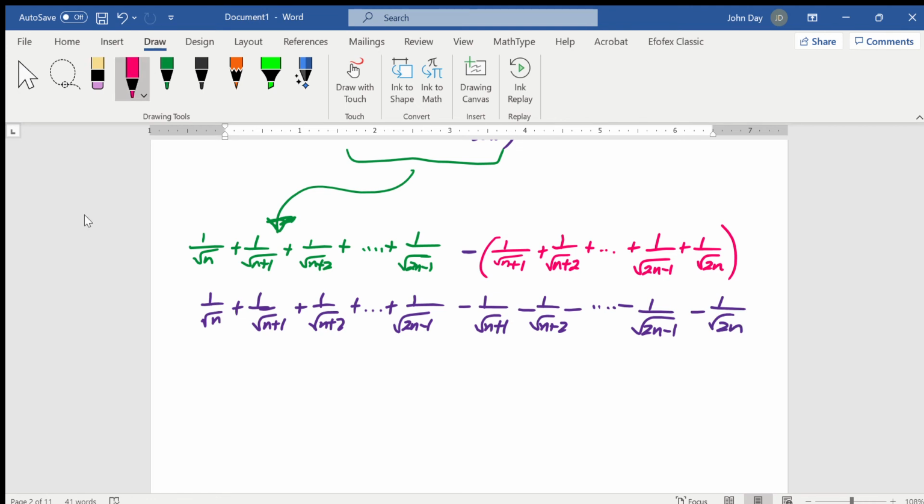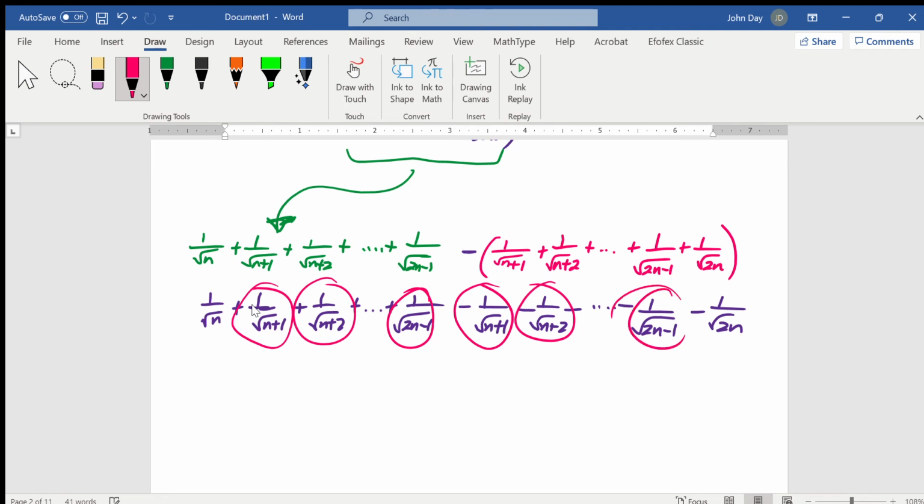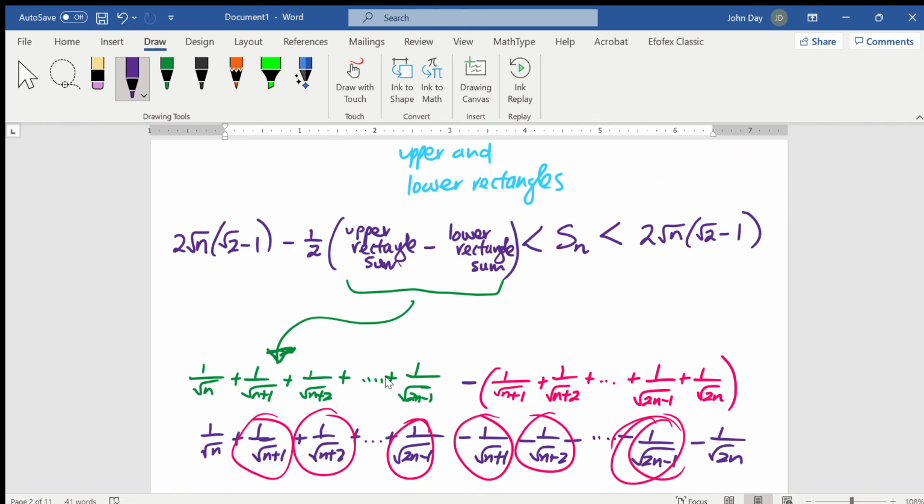And you know, that guy and that guy are going to cancel, and that guy and that guy are going to cancel, and all the way along, and finally you're going to be left with 1 on root n minus 1 on root 2n, which is root 2 minus 1 on root 2n. All right, so that's the bit that I've brought an arrow down from in the green.